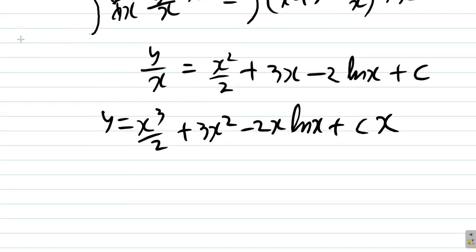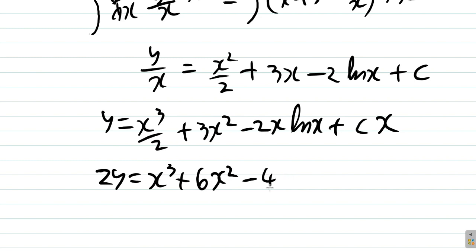So suppose we multiply both sides by 2. We would say 2y equals x cubed plus, this would be 3 twos are 6 x squared minus, this would be 2 twos are 4 x ln x plus, but if we multiply c by 2, we get another constant, because instead of saying 2c times x, let's say d times x. Let's call that new constant d.